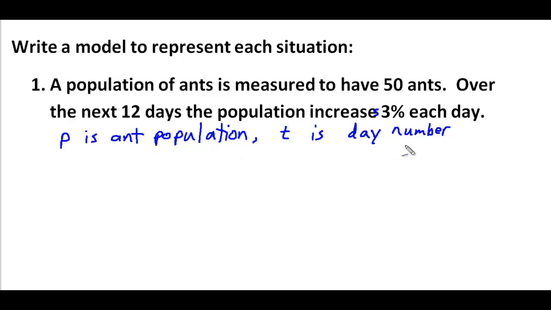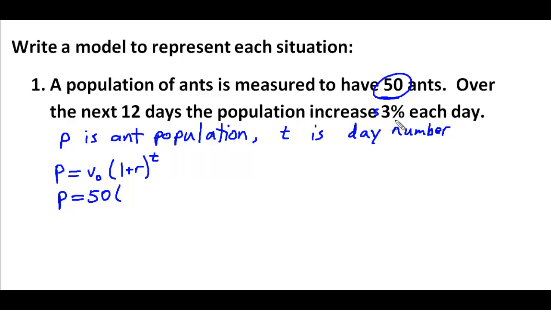So right away I represent, what do we have? So my equation is going to be P = v_0 times (1 + r)^t. Well, v_0, that's the initial value. The initial value was 50. So we get P = 50 times, what do we have?